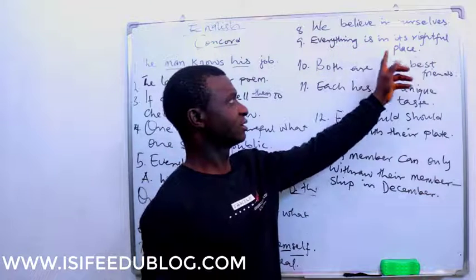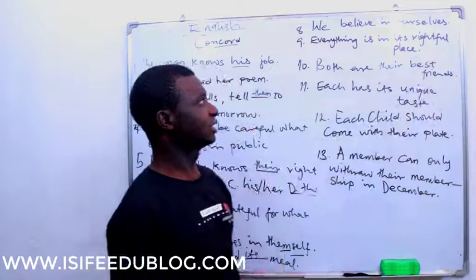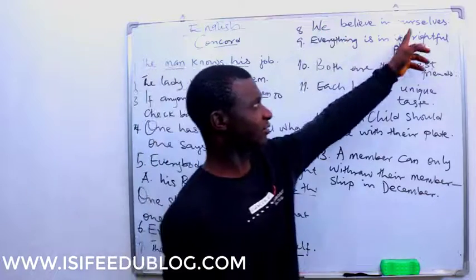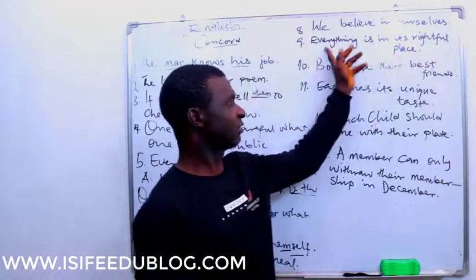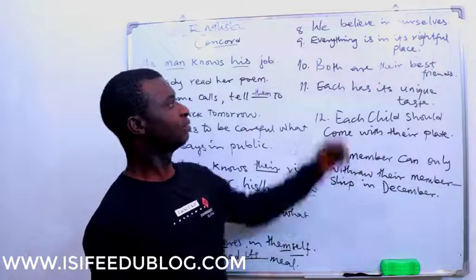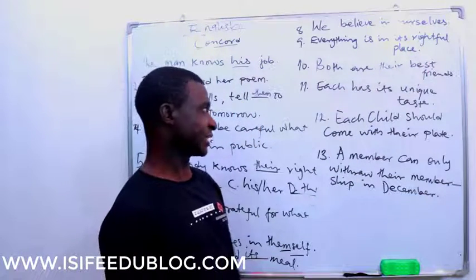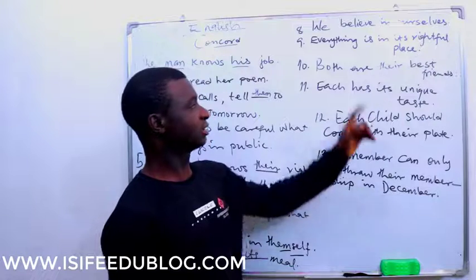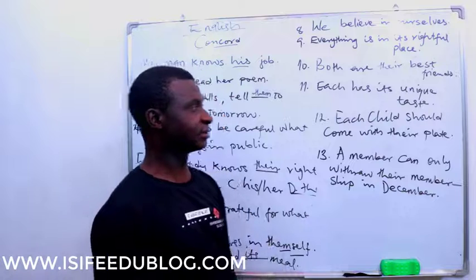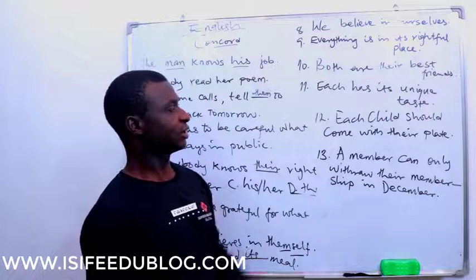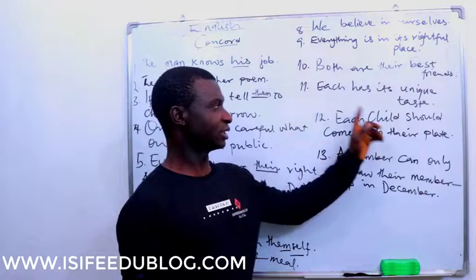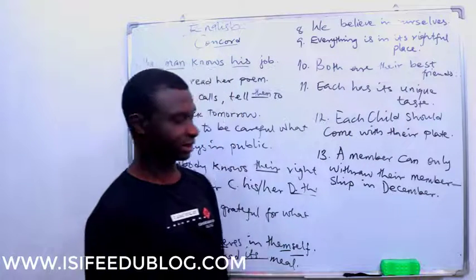Everything is the antecedent of its. Both are the best friends, right? Both is the antecedent of they. Each has its unique taste. Each is the antecedent of its.